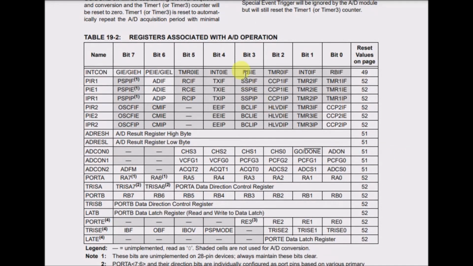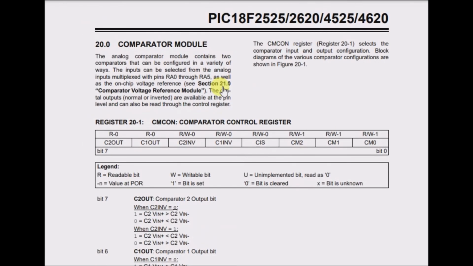Registers associated with AD operation. Comparator mode. The analog comparator module contains two comparators that can be configured in a variety of ways. The inputs can be selected from the analog inputs multiplexed with pins RA0 through RA5, as well as the on-chip voltage reference.